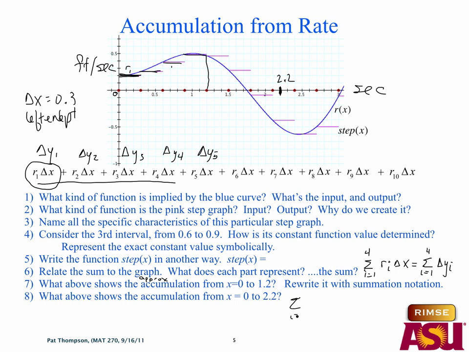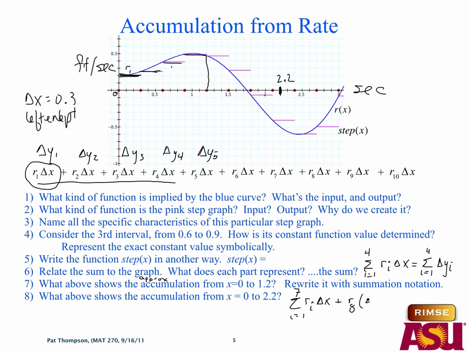Okay, so I'll shorthand that. Then plus R8 delta x, 0.1. So you're trying to encode that the change in x is not the full delta x; it's only 0.1. Okay, so let's not use delta x, since delta x is fixed at 0.3, and let's just call it for what it is.